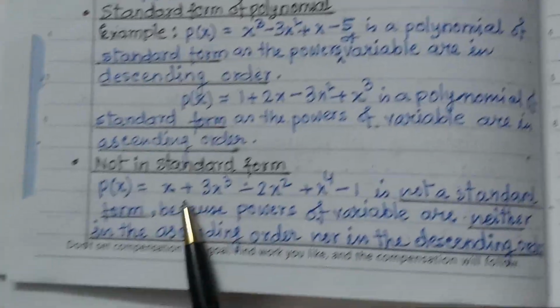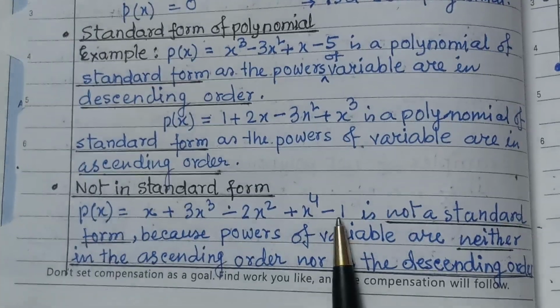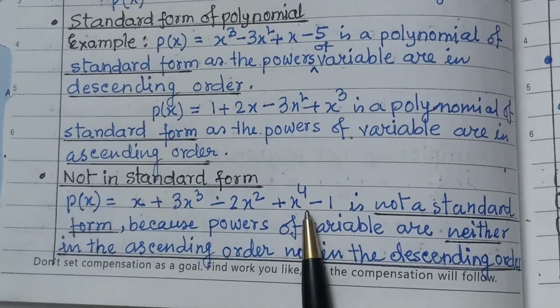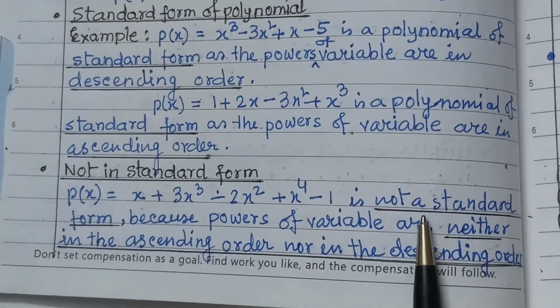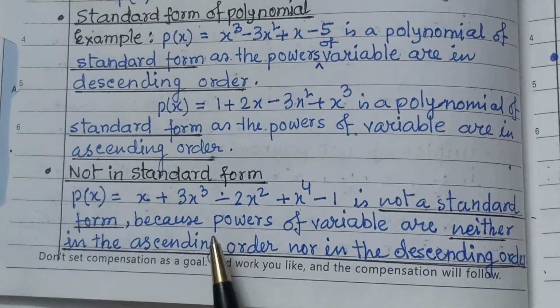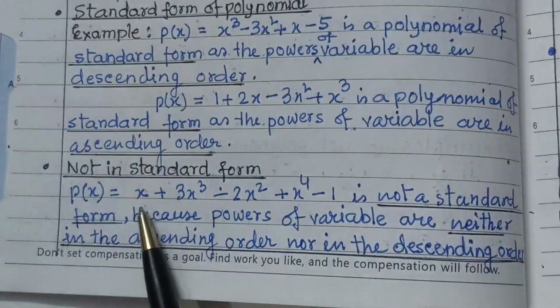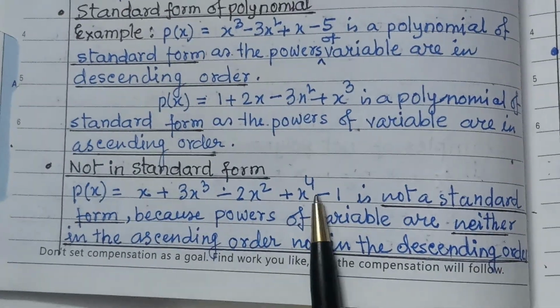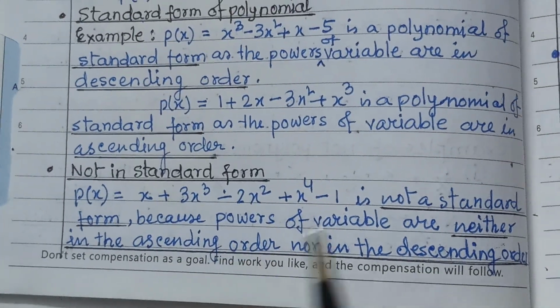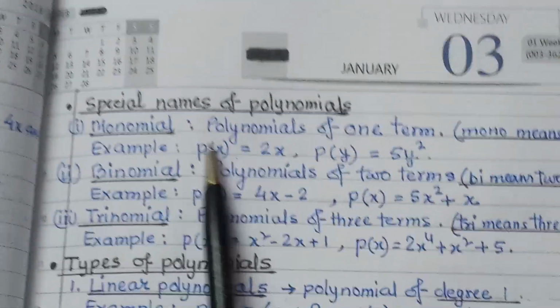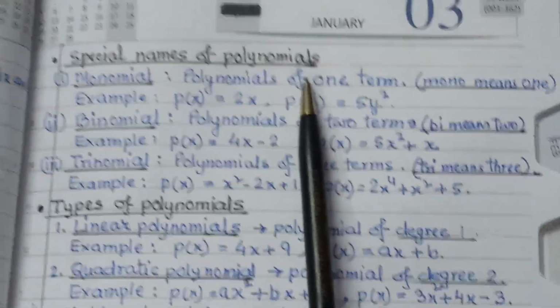But if it is not in ascending or descending order, it is still a polynomial but not in standard form. In this case, we have to change it into descending order, which is the standard form of the polynomial.